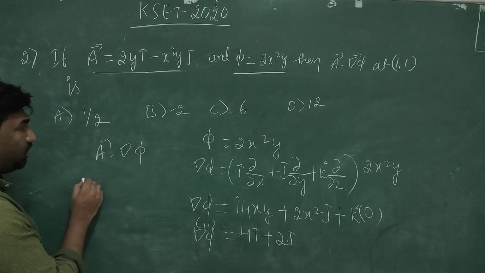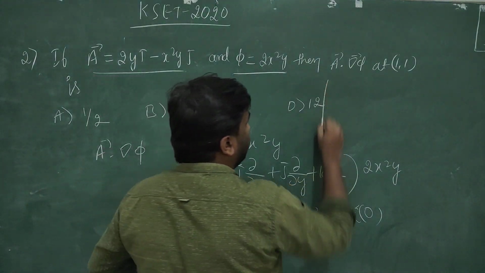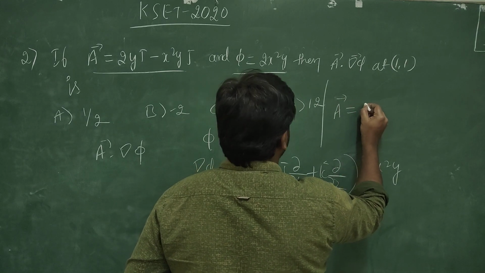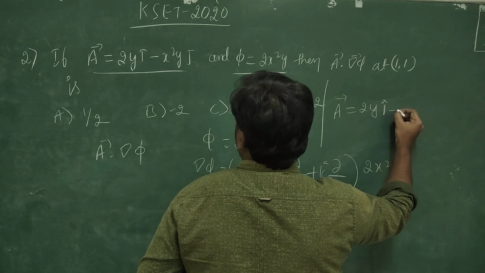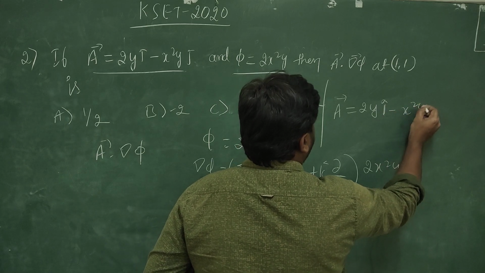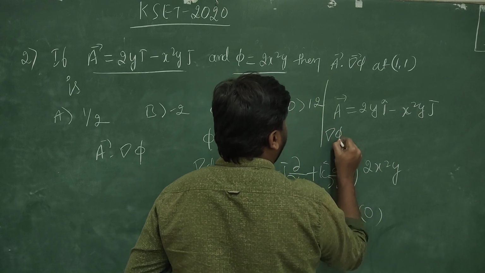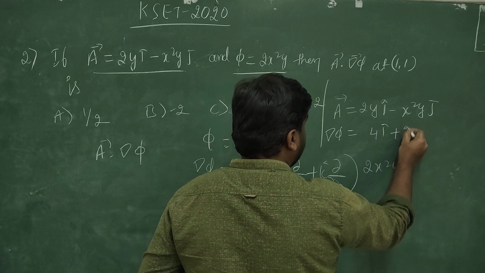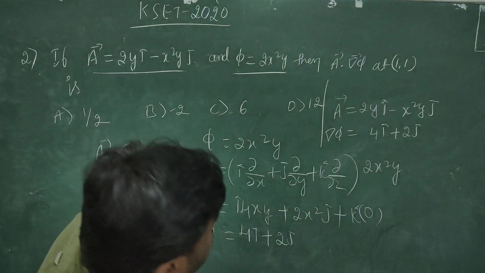Now we have to calculate A dot del phi. So what is A? Vector A is 2y I cap minus x square y j cap, and del phi is 4 I cap plus 2 j cap, and let us take a dot product of these two.